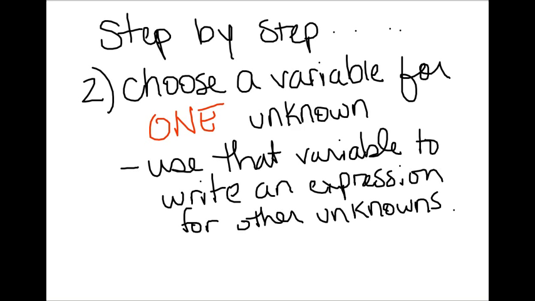So if the number of teachers is 50 less than the number of students, you might do S for students and then S minus 50 for teachers. So you want to do that by making a relationship.